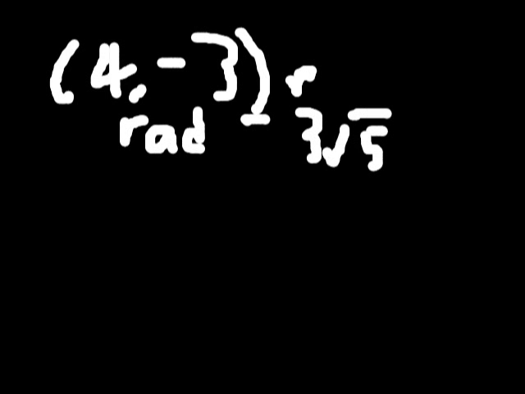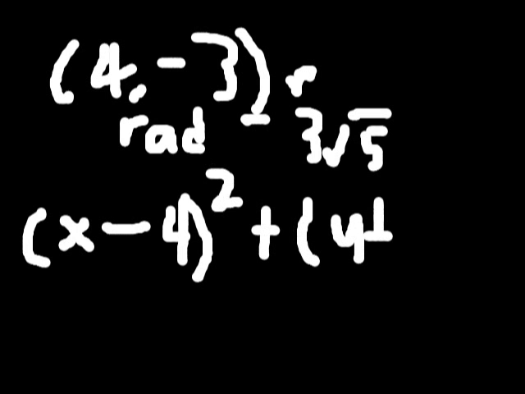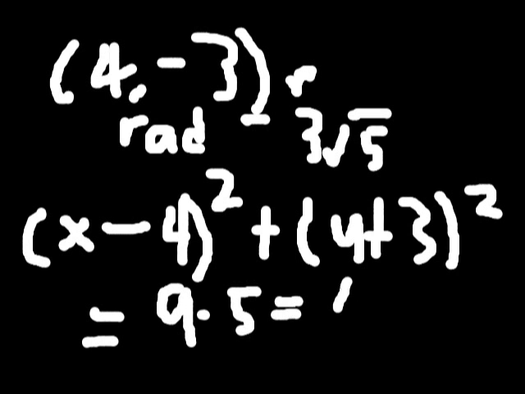Applying all this to our equation, we can plug these values in. We get (x minus 4) squared, because 4 is the x coordinate of the center, plus (y plus 3) squared equals 9, which is 3 squared times 5, equals 45.